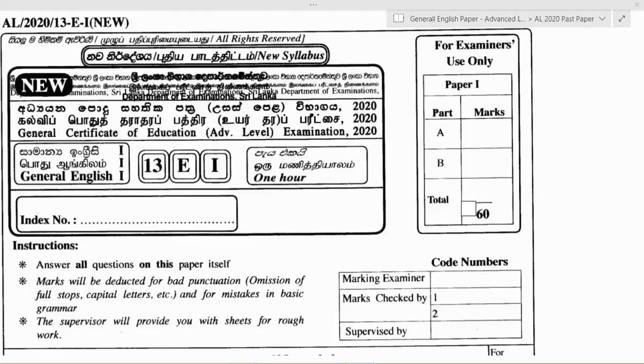Hi everyone, I'm just about to start the GCE Advanced Level General English paper tested in 2020.